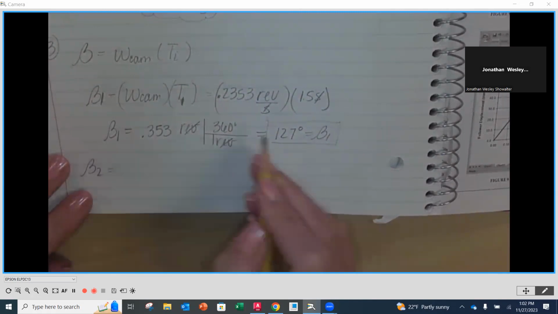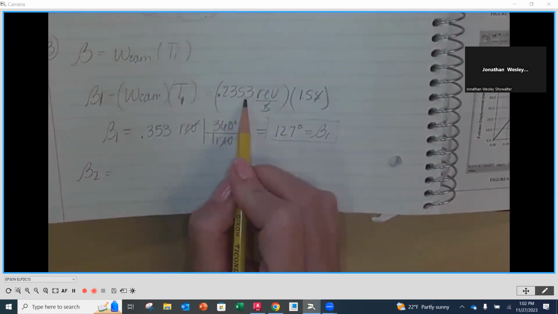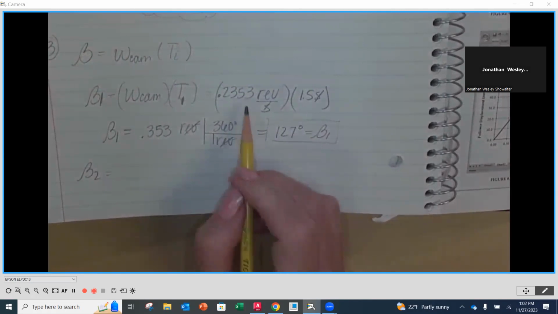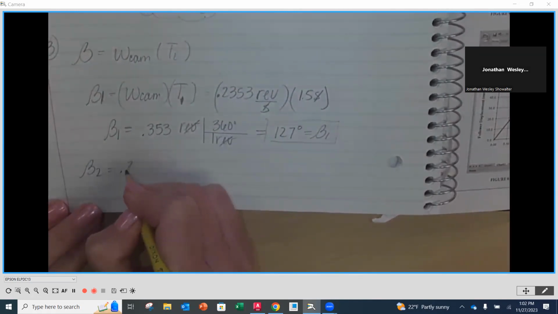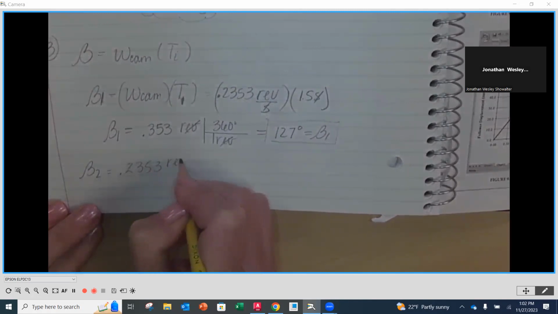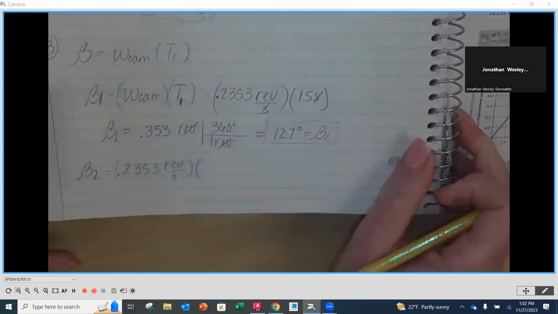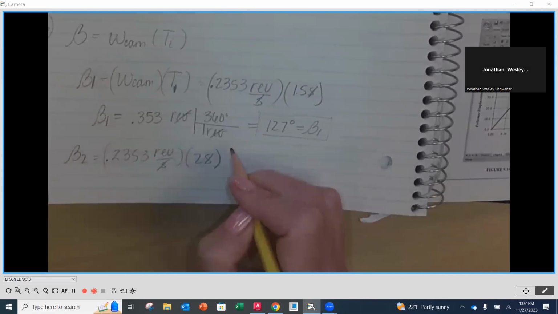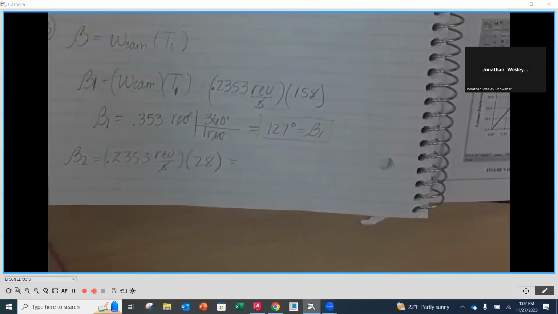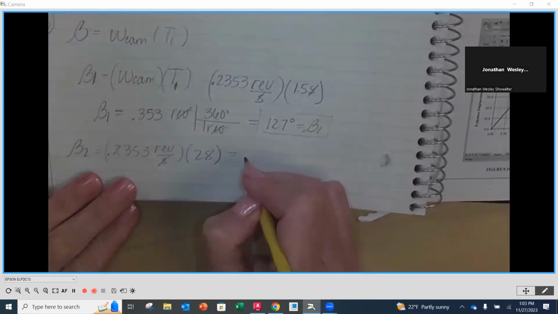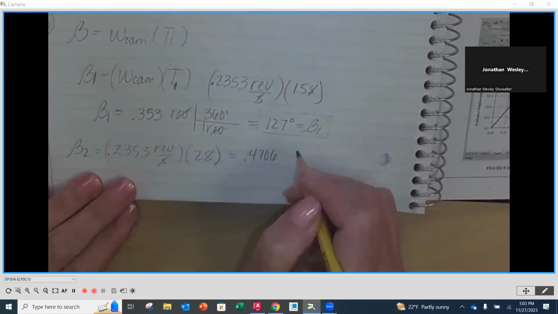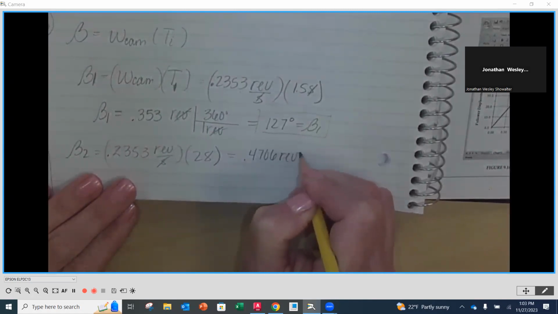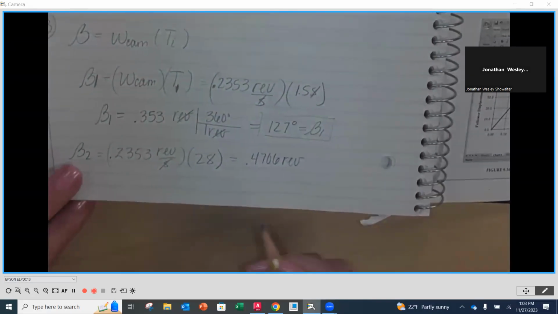Beta 2. That's going to have the same rotational speed, so we can say it's going to be 0.2353 revolutions per second, but this time our time is going to be 2 seconds. Seconds cancel, and we get 0.4706 revolutions.